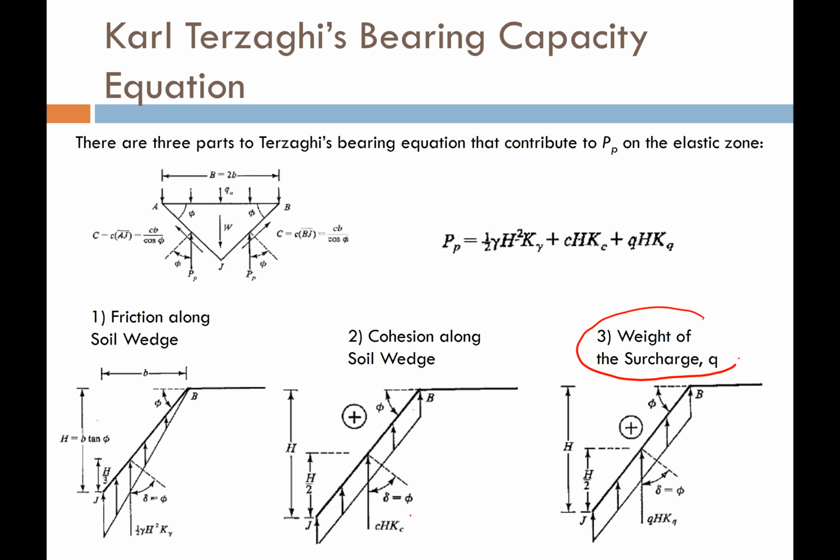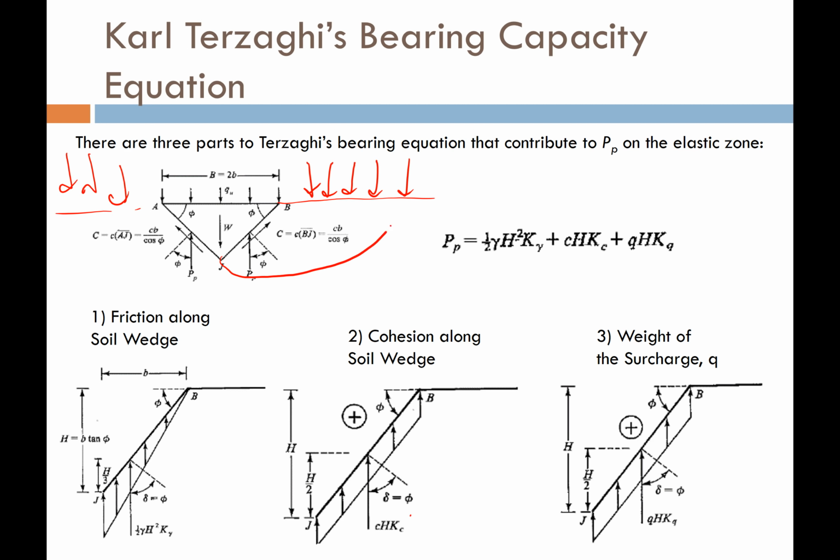Now the third component of Terzaghi's bearing capacity theory is just the weight from the surcharge itself. So as I have this soil out here on the sides of my elastic zone, and this elastic wedge is trying to push up the soil out of the way, this soil, which we're calling the surcharge, is pushing down, and it's trying to resist the rotation of the Prandtl zone and the Rankine passive zone.